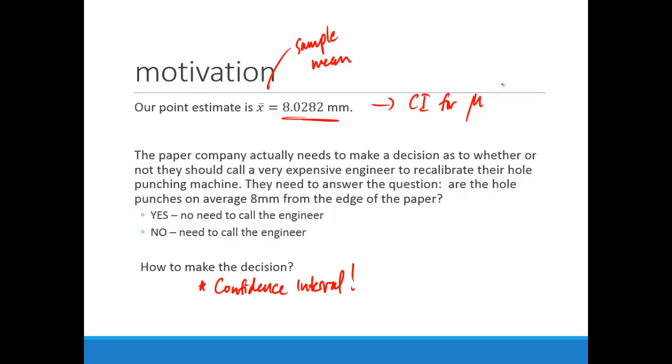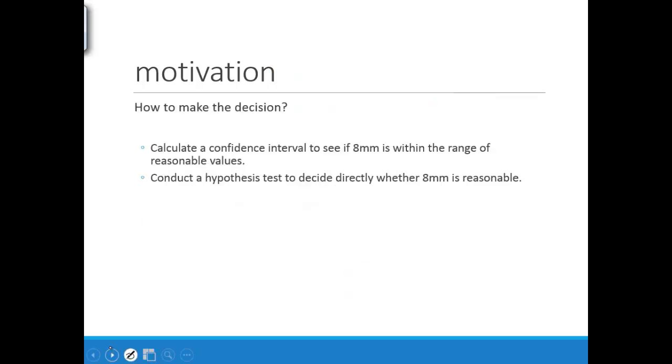If the mu that they say is the real mean isn't in there, then it's probably not the right mean. Yeah. If the mean that I want is not in that confidence interval, that is a red flag that maybe I do need to call this engineer. So if the number 8 doesn't fall in my confidence interval, then maybe I need to call this engineer. That's exactly right, and one great way of doing it. We can calculate a confidence interval and see if 8 is within that range of reasonable values.